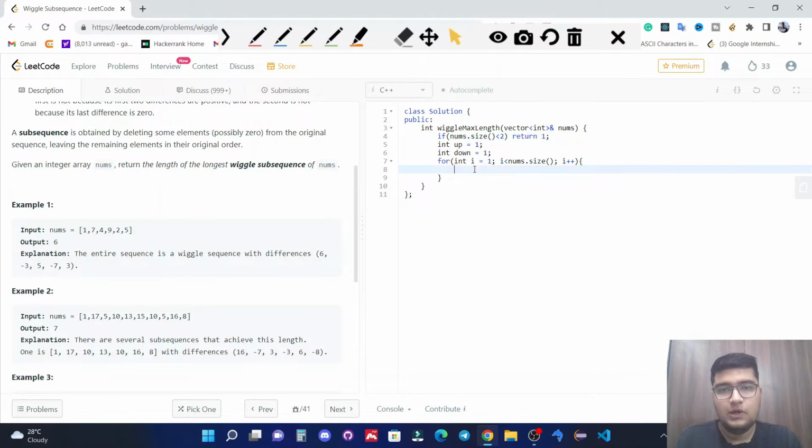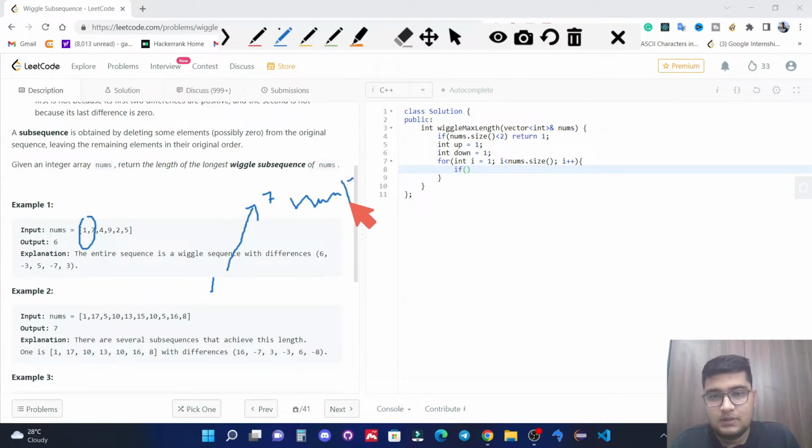Now let's write a few conditions for updating up and down. If we are getting the highest value, or we can say we are getting the up here, what is the condition for up? Let's say this is 7 and this is 1 in the first example. So this is nums[i], and this is nums[i-1].